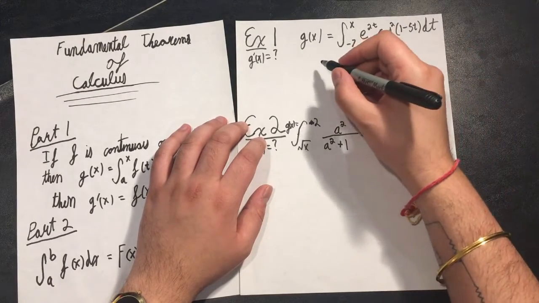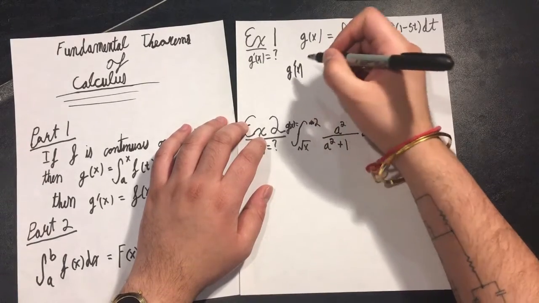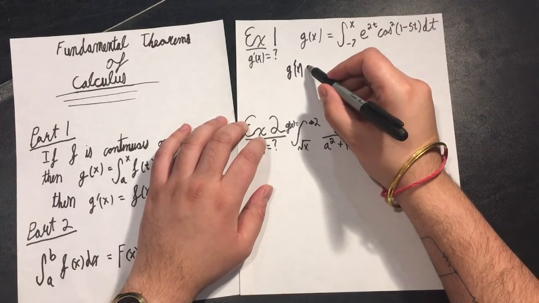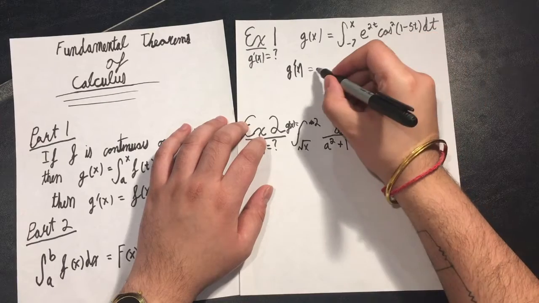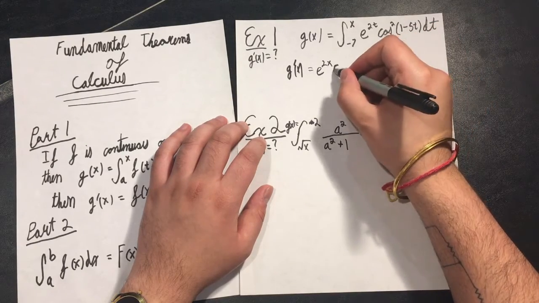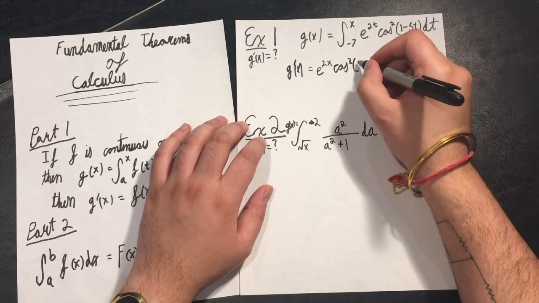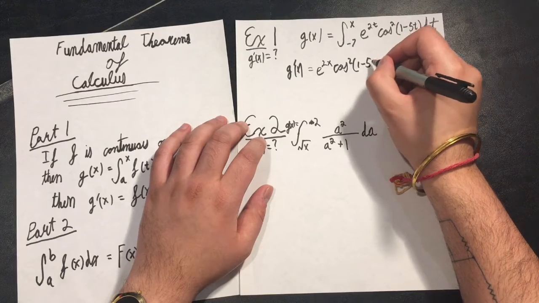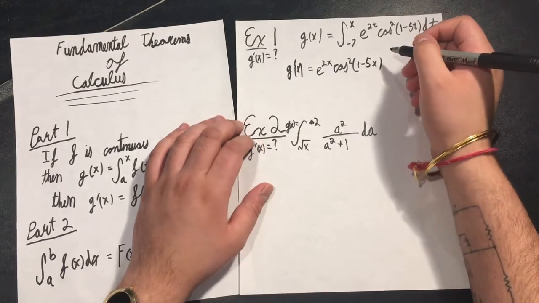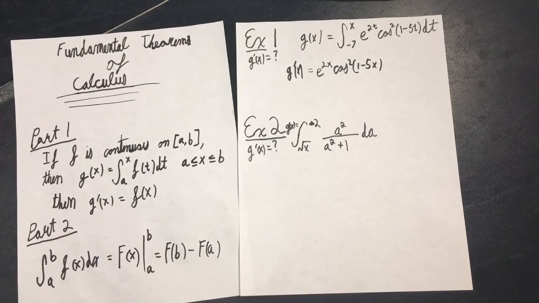So the derivative of this, g prime of x, is just e to the 2x cosine squared of 1 minus 5x. Right, simple substitution.